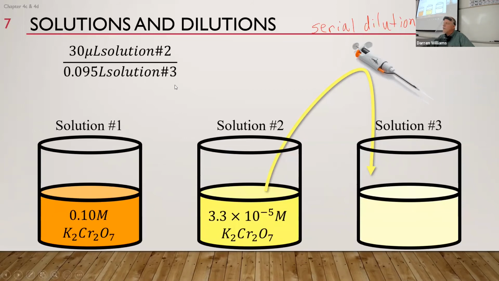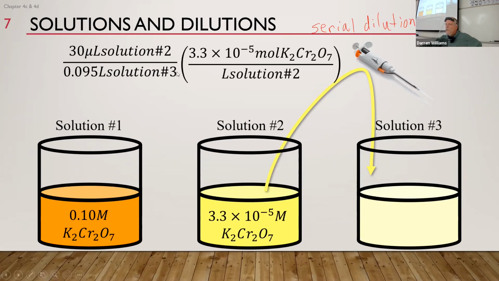So we have this 30 microliters. Oh, I see. She was answering another question. So we have this 30 microliters of solution 2 that we then diluted, and that makes solution 3. So what we want to do is then multiply by the molarity of solution 2. So that 3.3 times 10 to the minus 5 moles per liter of solution.